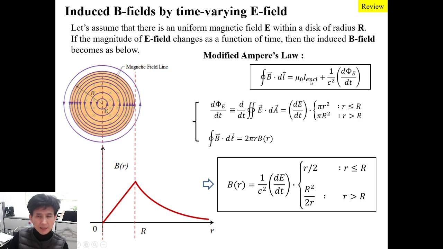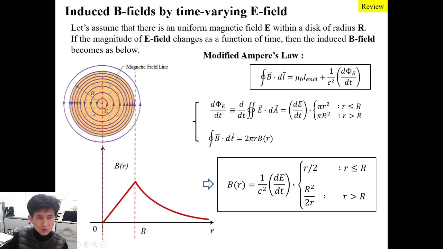So if we calculate the magnetic field as a function of radius, we obtain the shape of the magnetic field determined by the change of electric field flux as a function of radius.